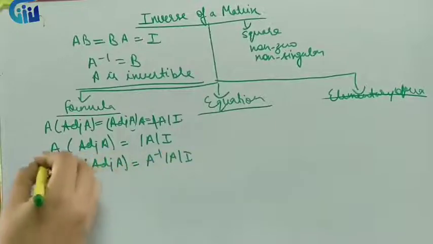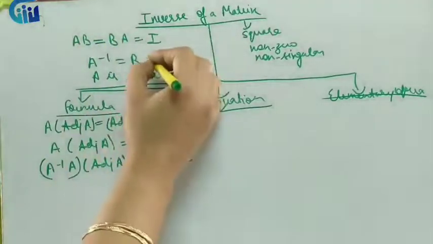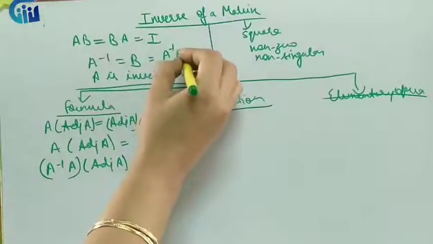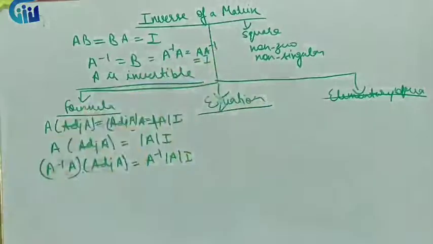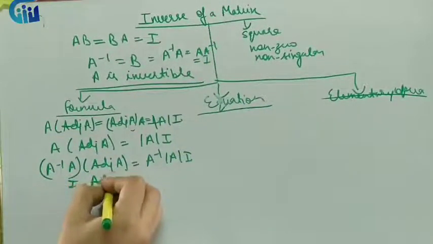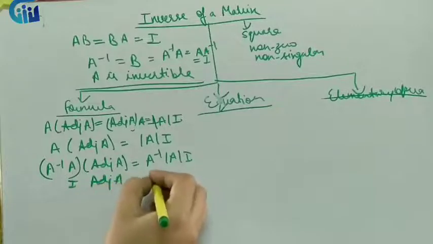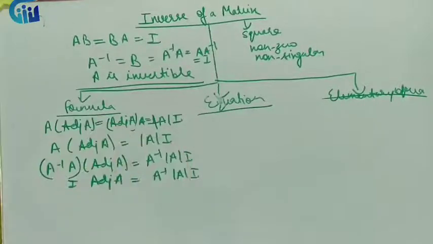So then A inverse into A, over here A inverse is the inverse of B. So it is written as A inverse into A into adjoint A is equal to identity into adjoint A, and on the other side A inverse determinant of A into I, determinant of A being a number.